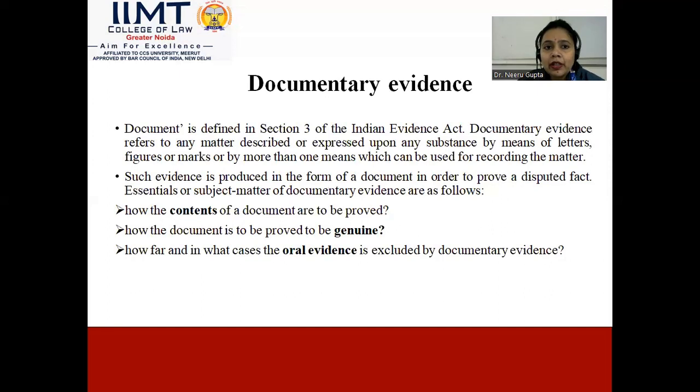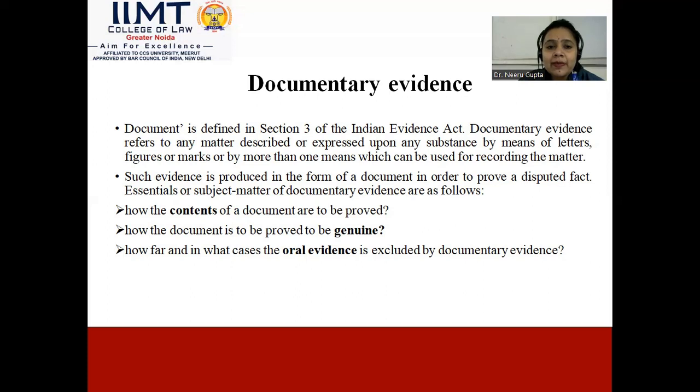Documentary evidence. Document is defined in Section 3 of the Indian Evidence Act. Documentary evidence refers to any matter described or expressed upon any substance by means of letters, figures, or marks, or by more than one of those means, which can be used for recording the matter.